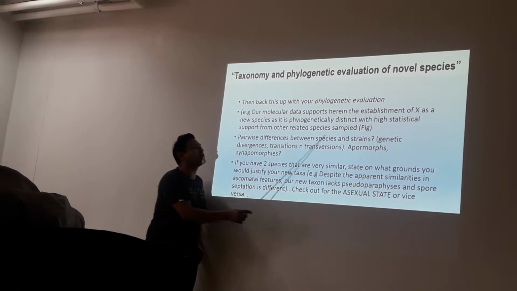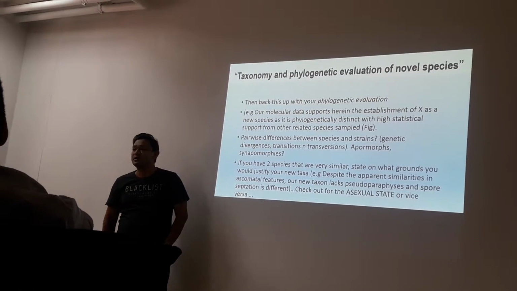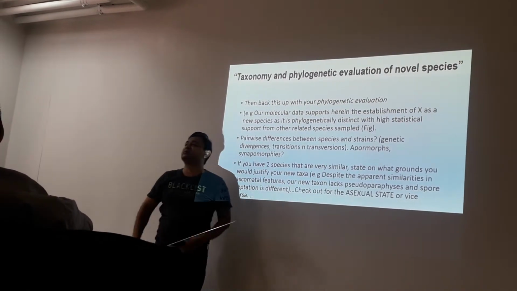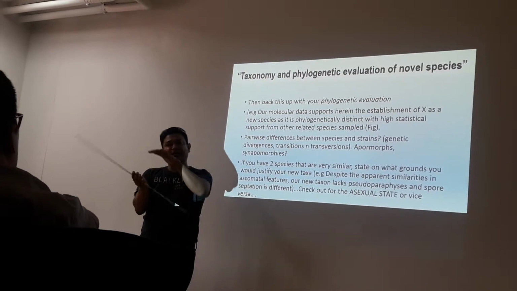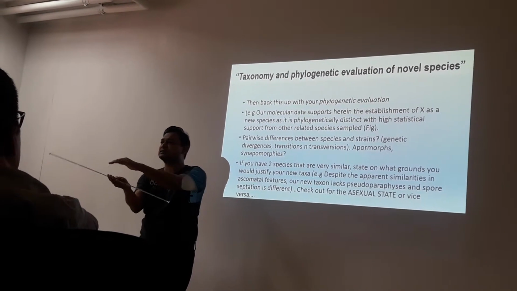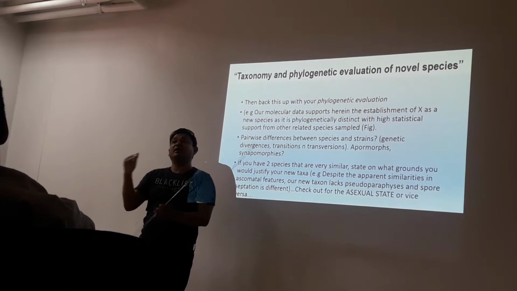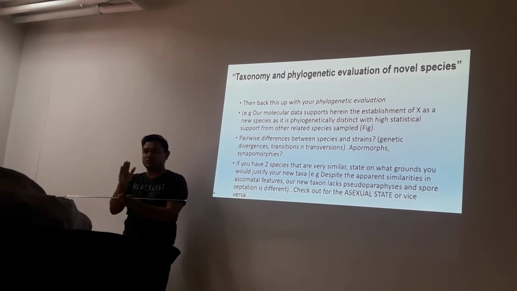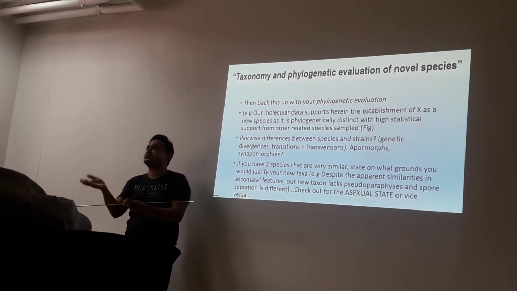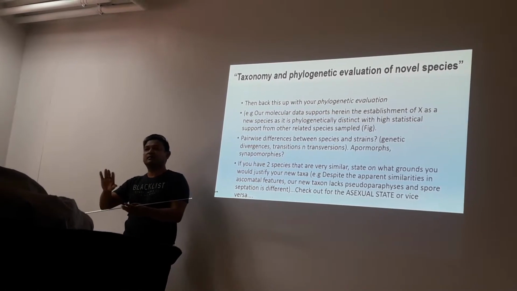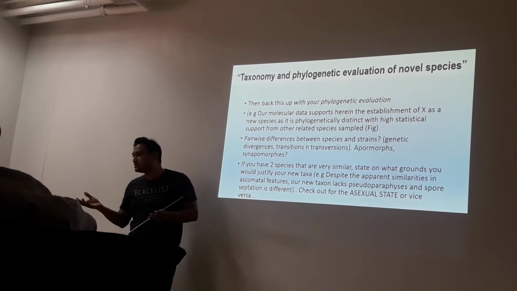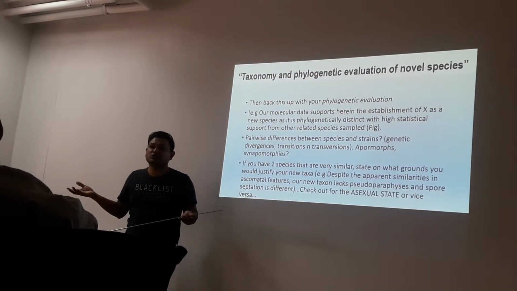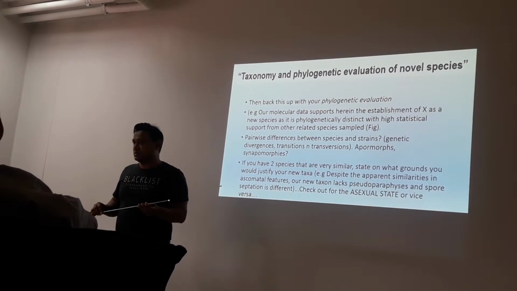So when you put other related species samples, you mention what those species are. For example, my species Y clusters with species X with high bootstrap support. It is also related to the other species Z in terms of our ITS or beta-tubulin DNA sequences.